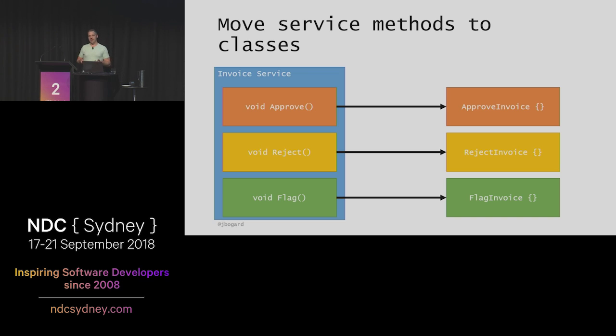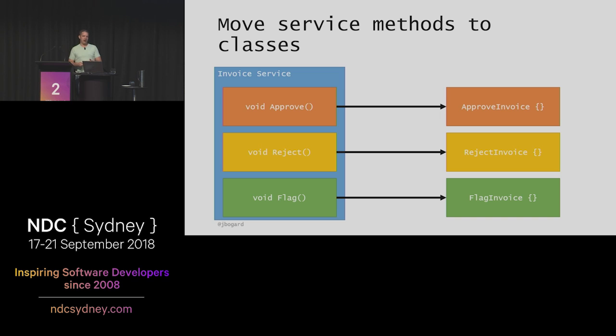Then we looked at each class and said, you know what, these all look similar but not quite the same. They all look like they're just performing one action. So they're doing an approval, a rejection, or a flagging. And there's some kind of input to the thing. It does the work, and then there's some kind of output. So we started explicitly modeling our classes to represent that kind of abstraction.